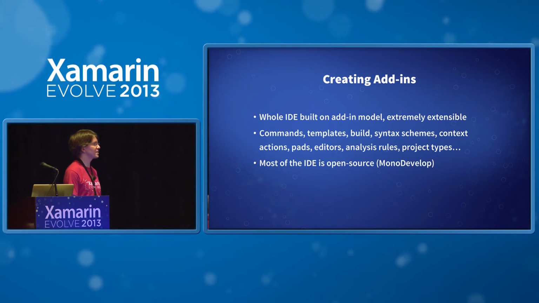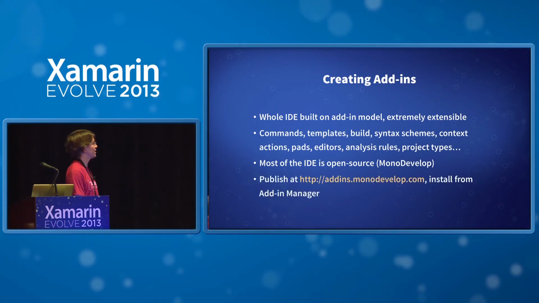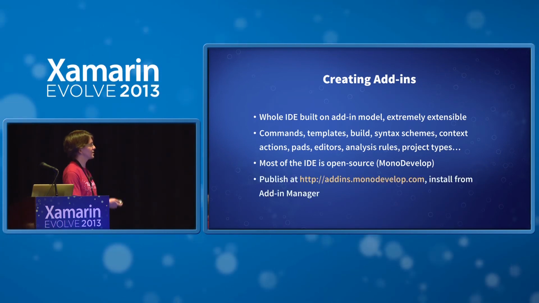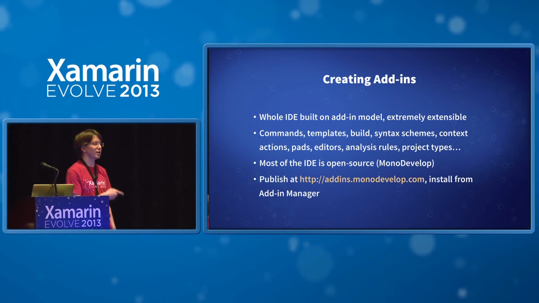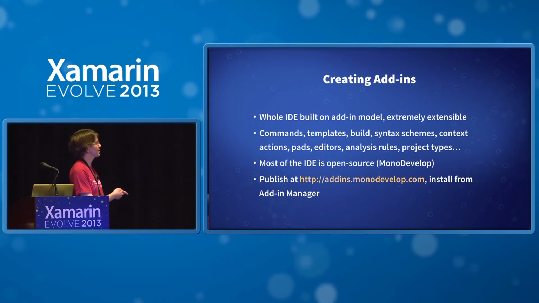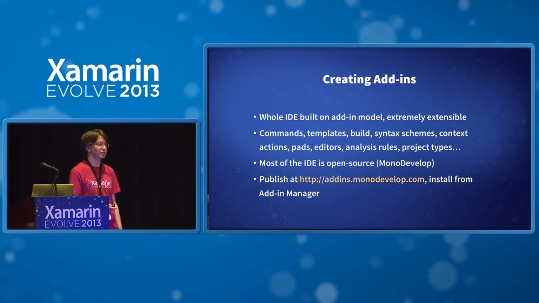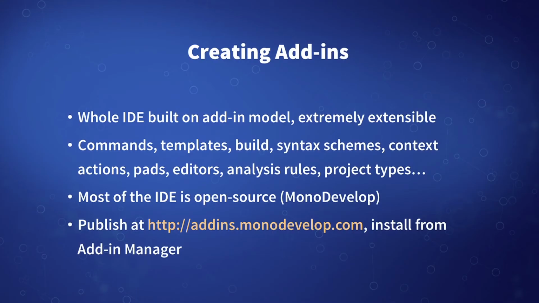If you have questions, please ask me afterwards, because I am skipping over this. But one thing about that that is very cool is that if you write one, you can publish it on our website, and then anyone in Xamarin Studio can just open up the add-in manager, select your add-in, and install it right there. That's how you get the F# add-in right now.